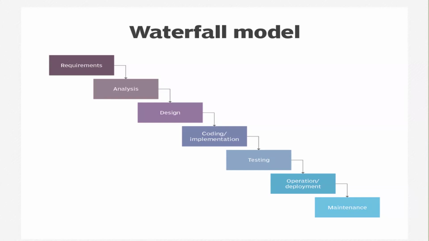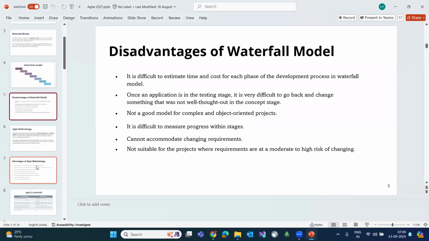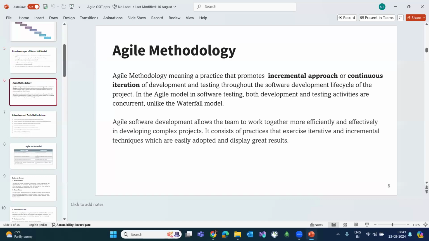So let's see, guys, what exactly Agile is. Agile methodology means a practice that promotes an incremental approach or continuous iteration. So what exactly is this incremental approach, guys?